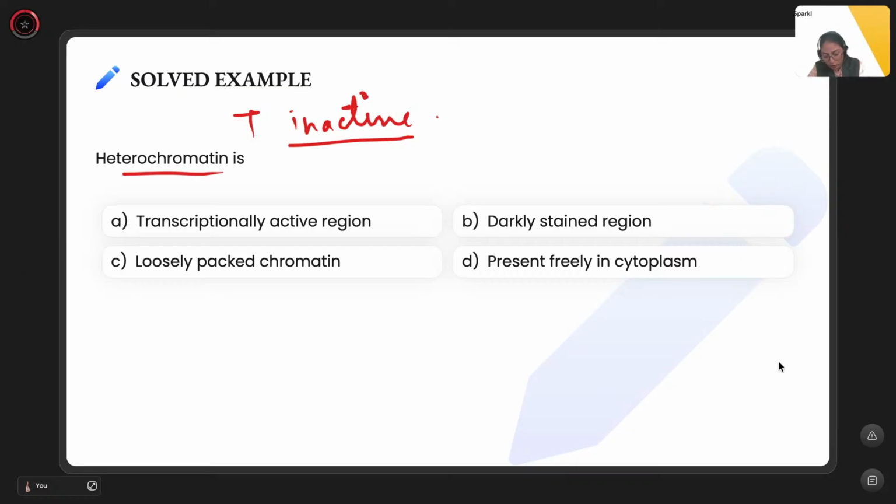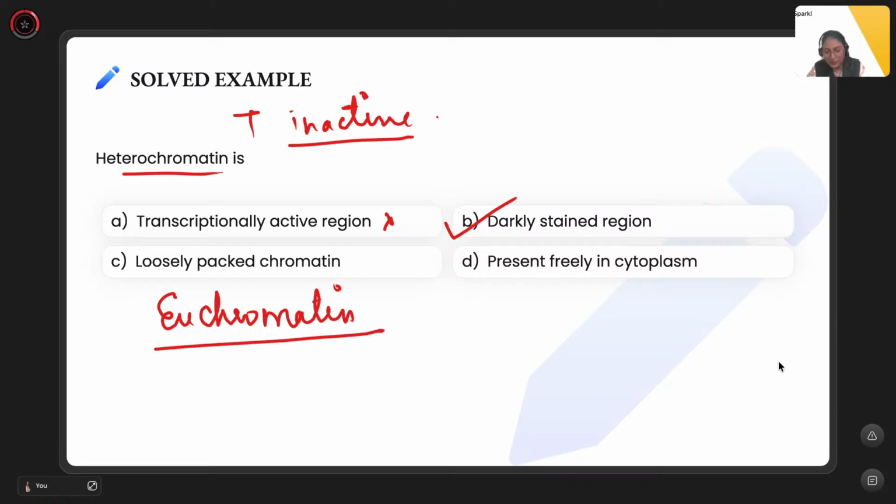If you look at the options, option A says transcriptionally active. This is not correct for heterochromatin. Yes, it is a darkly stained region. The other options given here are basically true for euchromatin. And what does euchromatin do? Euchromatin is transcriptionally active, loosely packed and lightly stained.